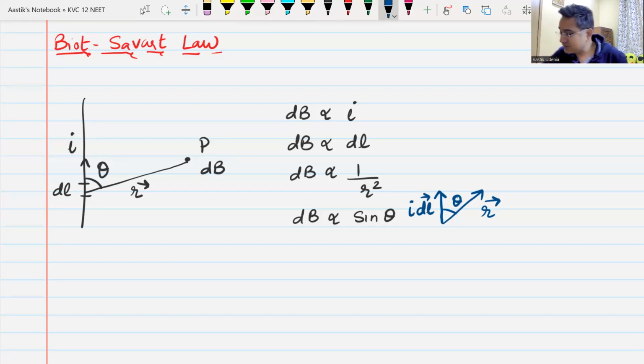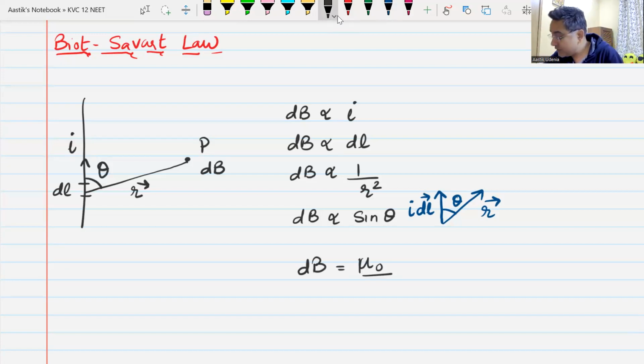We put them together and we have this astonishing formula coming into the picture. dB is I, oops, since proportional sign will go out and equal to sign comes in, therefore a constant comes in. And what is that constant? Mu naught, our old friend mu naught. I did not even tell you what is mu naught.